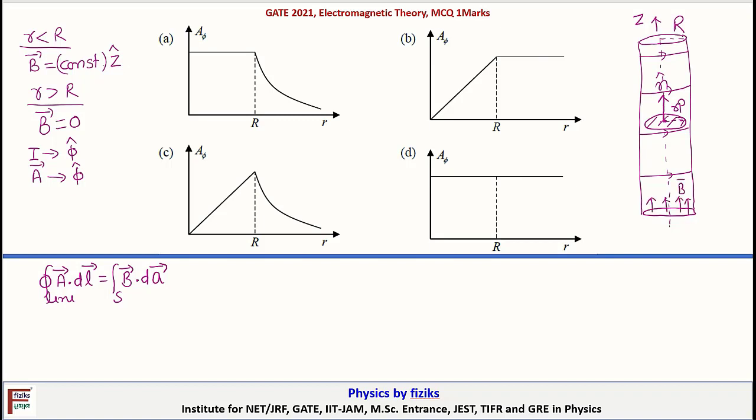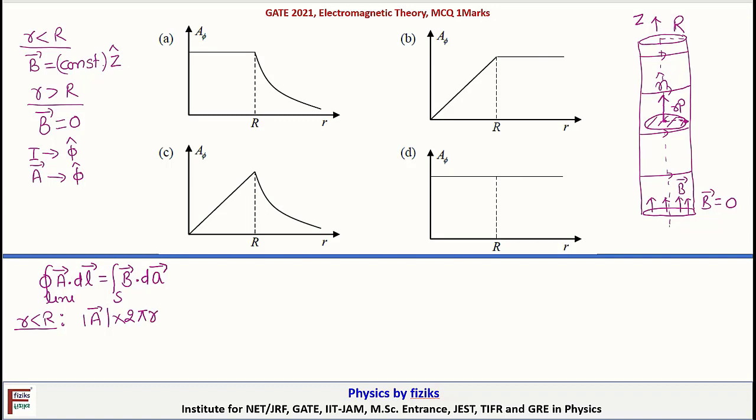This is B, some constant value, outside B is 0. So if we write closed A dot dl at point P, that is inside, we can write this as mod A into 2 pi r.